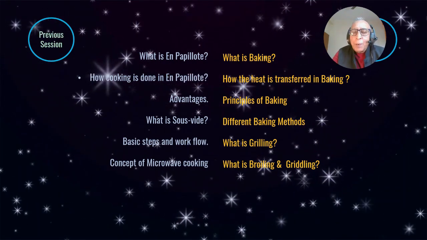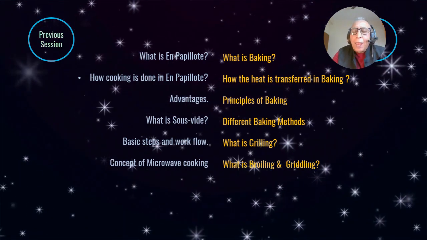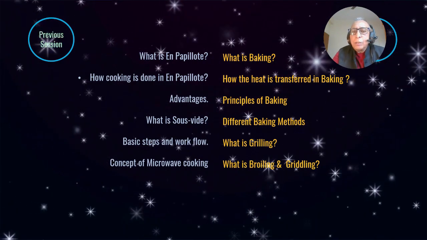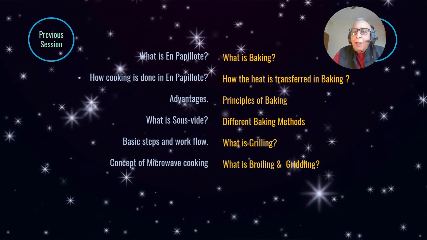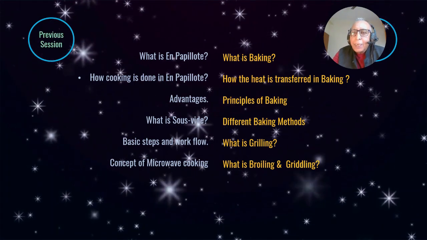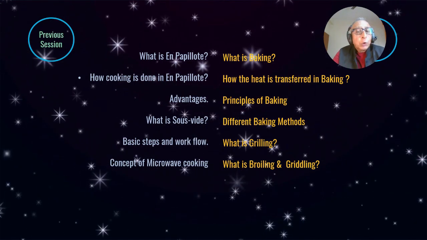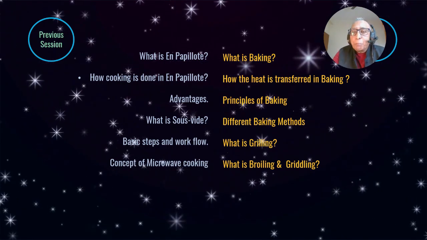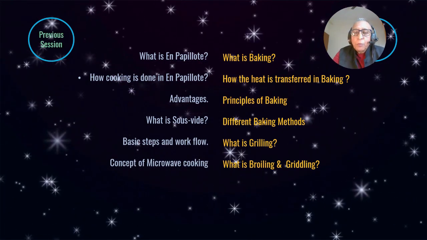So that was one part, and today we're going to start another session based on what baking is and how heat is transferred in the baking process. Of course, we are going to discuss the principles of baking and different baking methods.